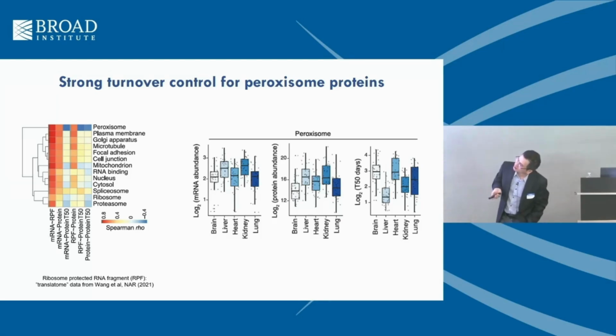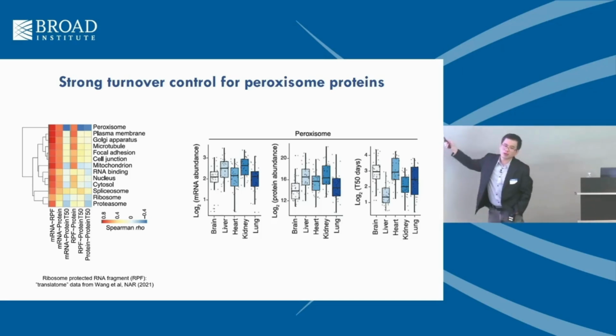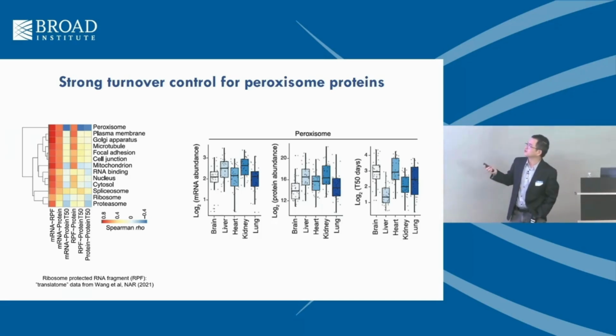Interestingly, you can see that this mRNA protein half-life correlation is quite weak in a lot of organelles, with the exception of peroxisome. So here you can see the mRNA abundance and protein abundance for the peroxisome proteins distributed in these 5 tissues. And if you look at the lifetime, you can see that this is indeed in a reverse trend compared to the protein abundance.